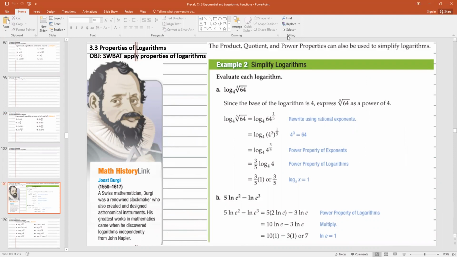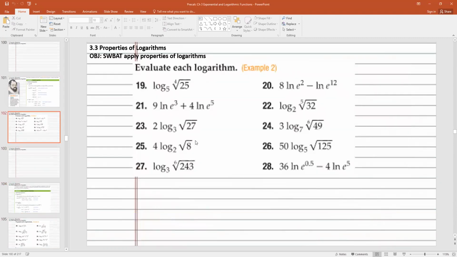All right, so we have simplifying logarithms. Now if you have a radical, here it says evaluate each logarithm. We'll do one of these.